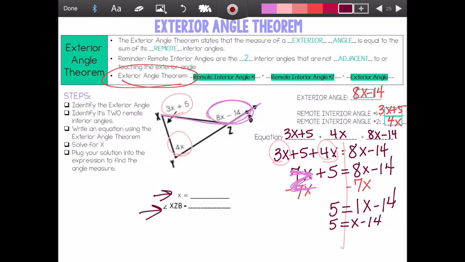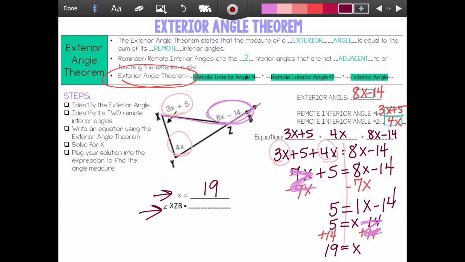Now I have all the x's to the right side, but I need to combine my constants and get those to one side. So here, now I'm going to add this 14 to both sides. This is 0 pair, so I'm left with x on the right equals 5 plus 14, which is 19. Now again, I've solved for x, that's the solution.